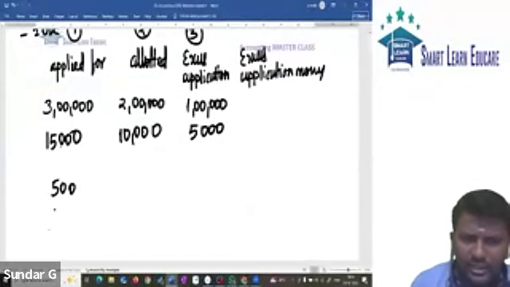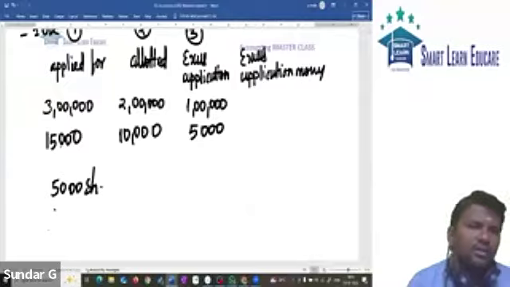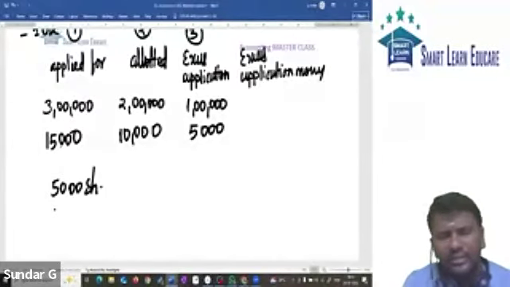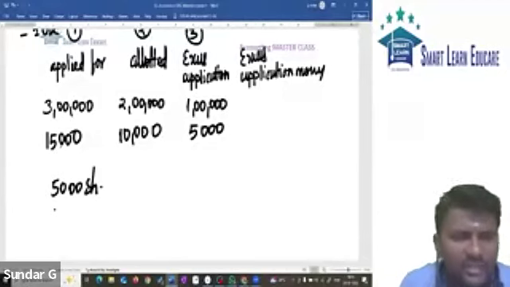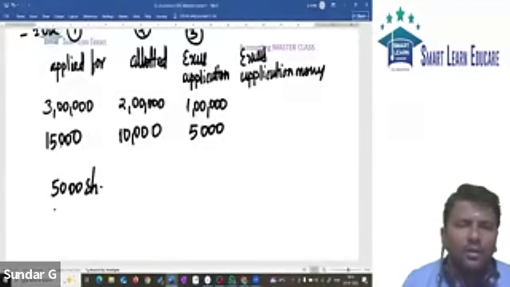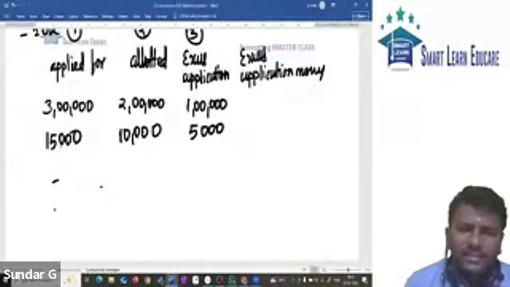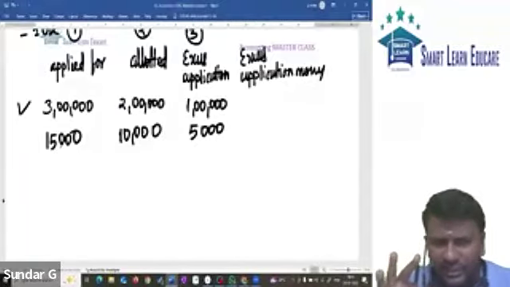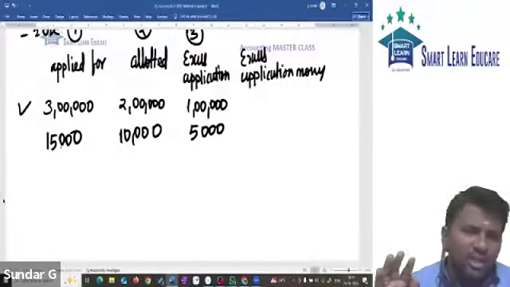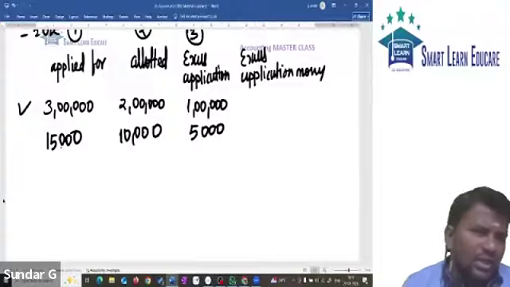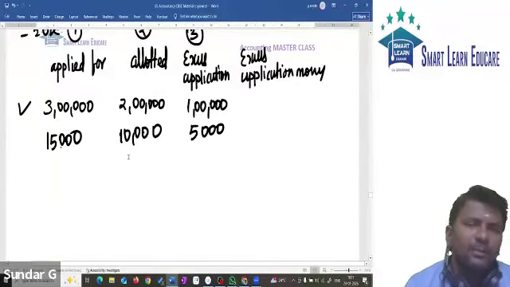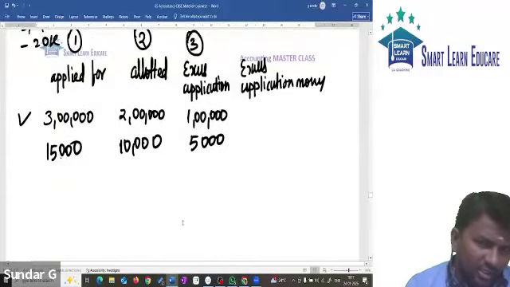For 5,000 shares, he paid on application, that is adjusted towards allotment. In this sum we have only one category of excess application. If you apply for 3 lakh, the company will make an allotment of 2 lakhs. If you apply for 15,000, the company will make an allotment of only 10,000.